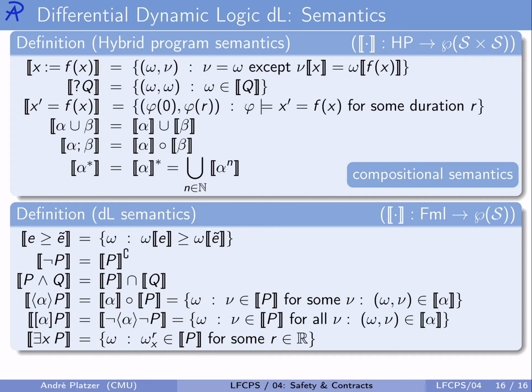The semantics of all of the hybrid program operators and all the differential logic formula operators were perfectly compositional as a simple function of the meaning of the pieces, which we will exploit next time to make sure that our understanding and analysis and proofs of them also will be a simple function of the individual analysis results about the pieces. And that is how even very complicated cyberphysical systems can be mastered and understood well.